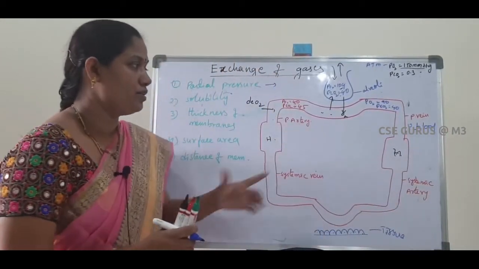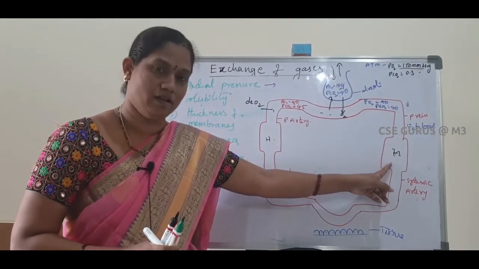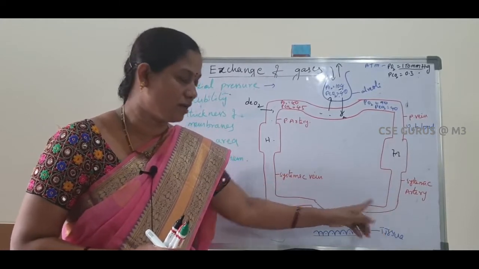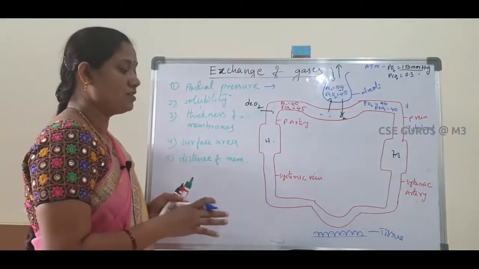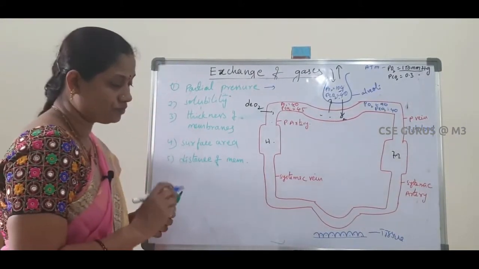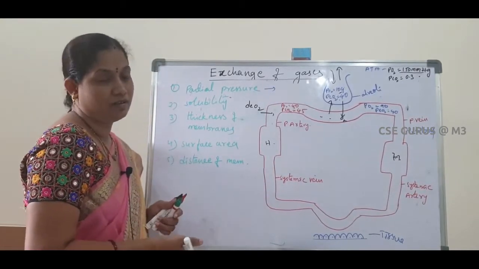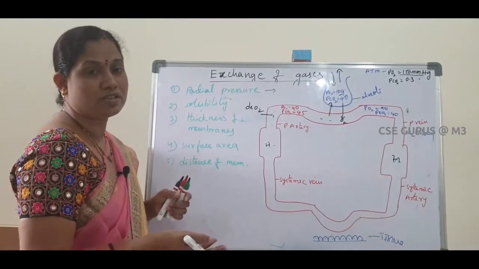Oxygenated blood. So this oxygenated blood reaches the heart. From the heart, through the systemic artery, it is supplied to the different parts of the body. Whenever this blood reaches the tissue, in the tissue region the carbon dioxide partial pressure is high because cellular respiration takes place.